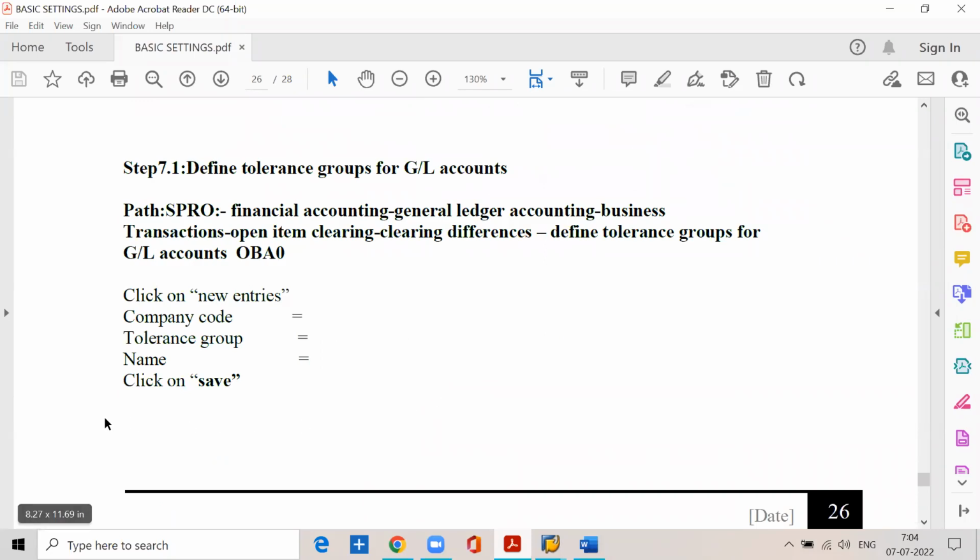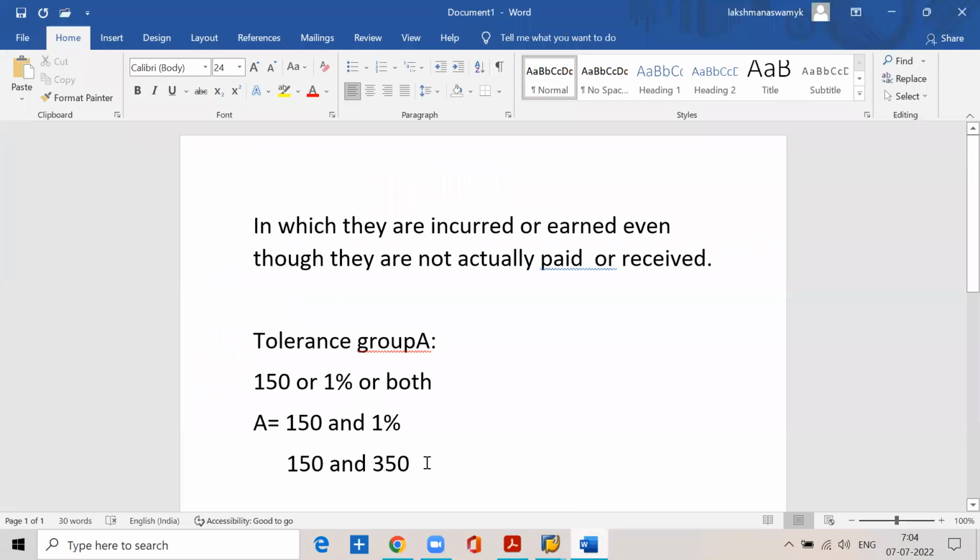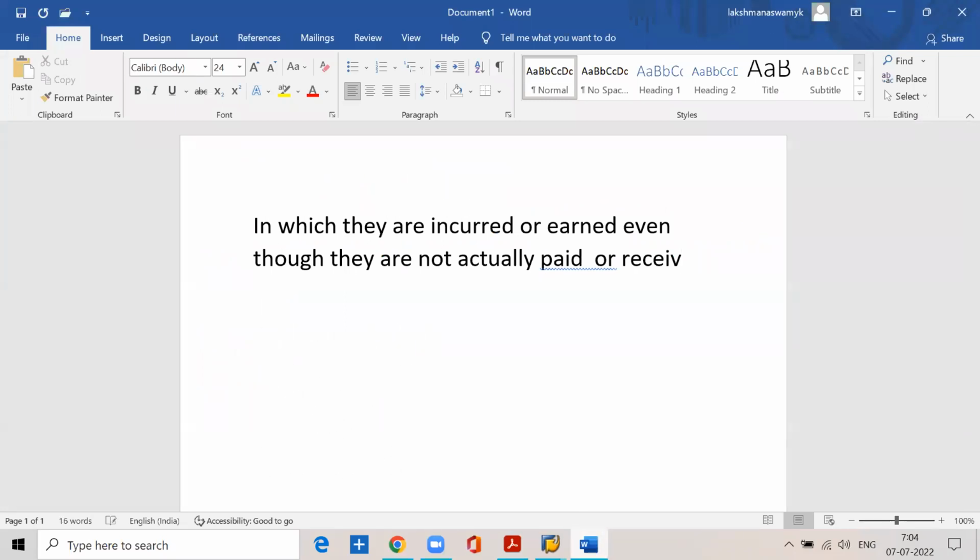Some space is there in the material, no? Please write down there. The blank tolerance groups are also called null tolerance groups.